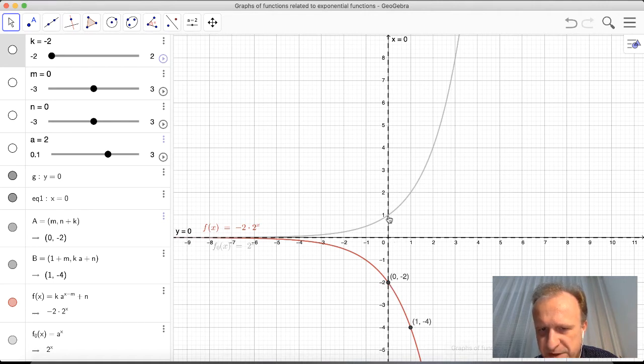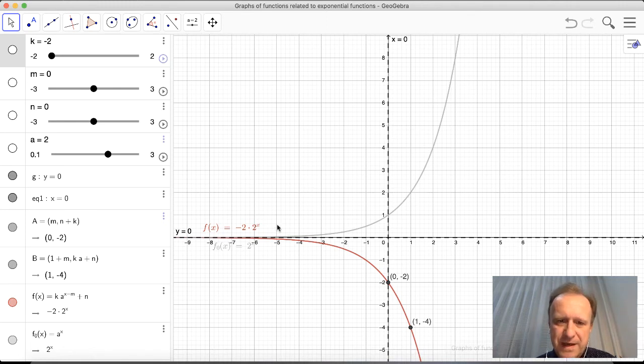So the distance of this point from the x-axis was 1, and the distance of this point from the x-axis is 2. So it's scaled vertically by a scale factor of the modulus of -2, which is 2. So it's twice as distant, and each point of this function is twice as distant from the x-axis as the corresponding point on the original function.